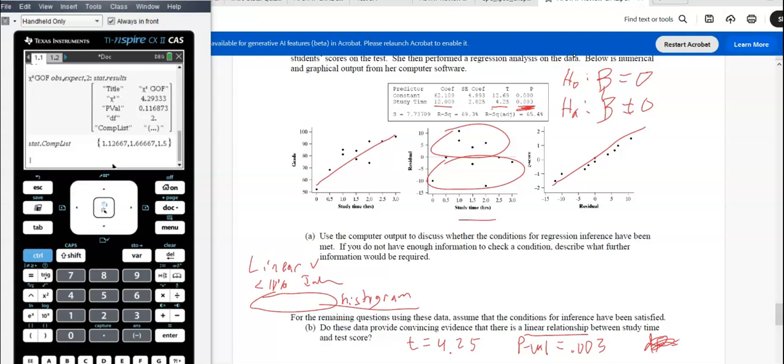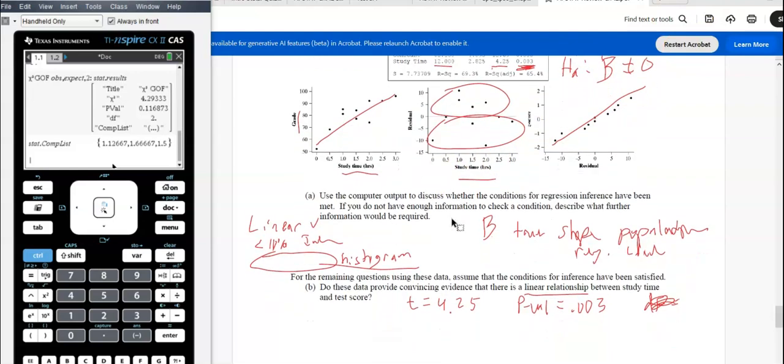So beta is the true slope of the population regression line. X is the study time and Y is the grade. So those are just defining the variables. Just don't forget to do that.